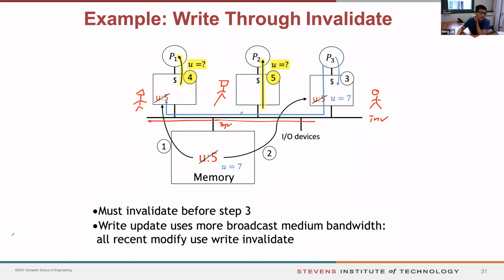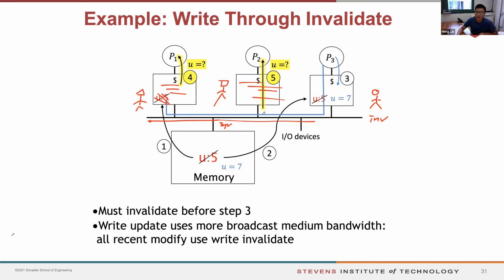So what we're going to do is, processor 2 and processor 1 are both snooping on the data bus, and they figure out, oh, okay, this is invalidate U. So when processor 2 sees U, in its own cache there's no U there. Then processor 1 sees, oh, there's a U here, and I do have a U cached, so I will invalidate the U equals 5 in my cache line.